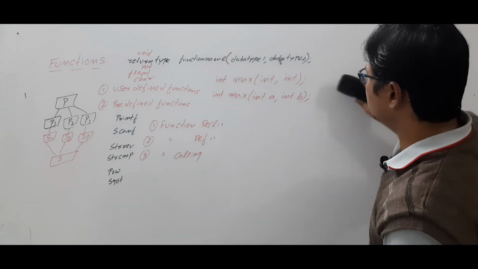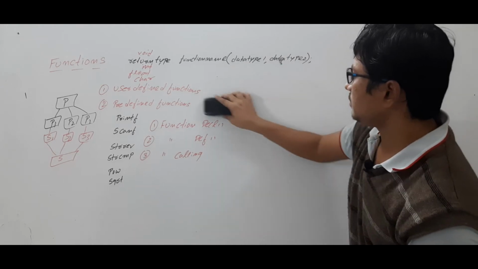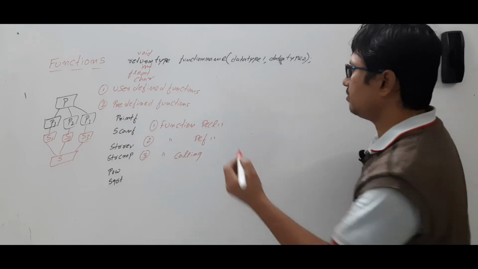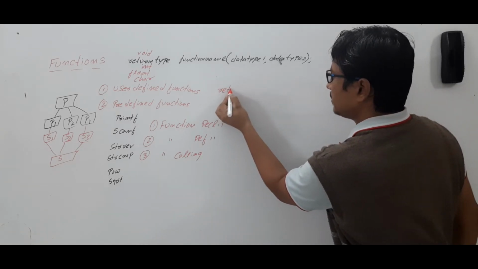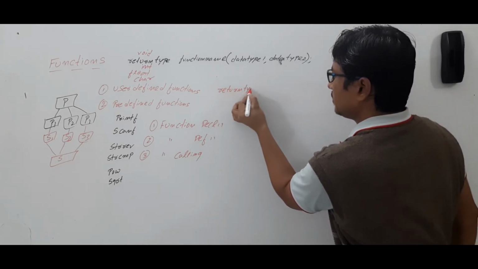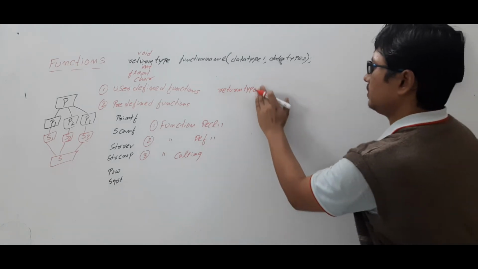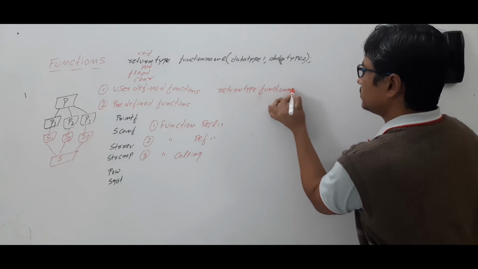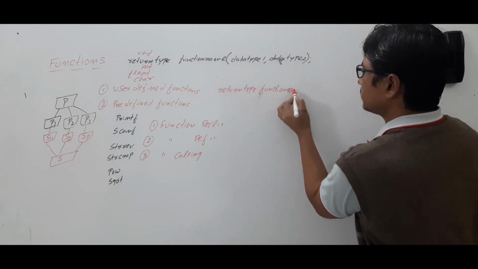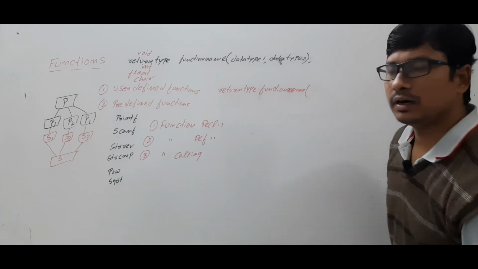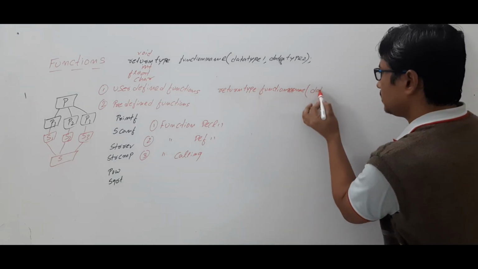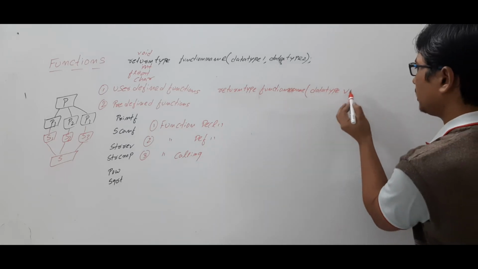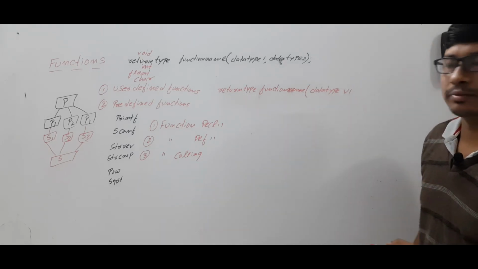Now let me discuss function definition. The function definition will again consist of a return type, function name, and you will have the data type, variable name, let me write it as v1, saying that it is variable 1.